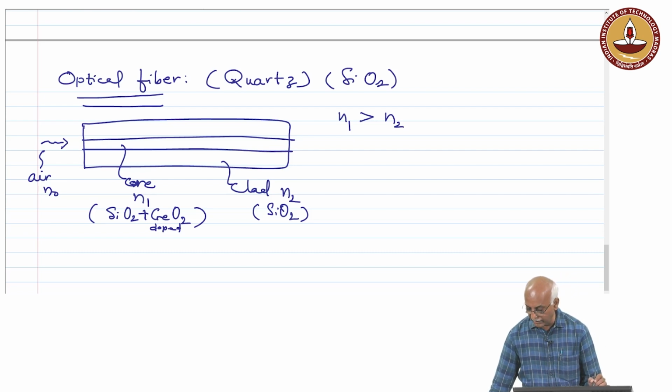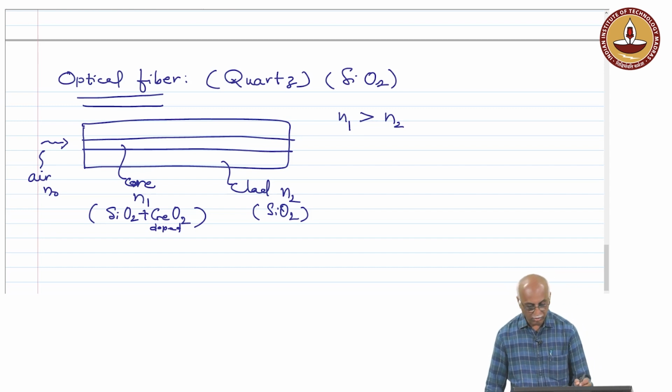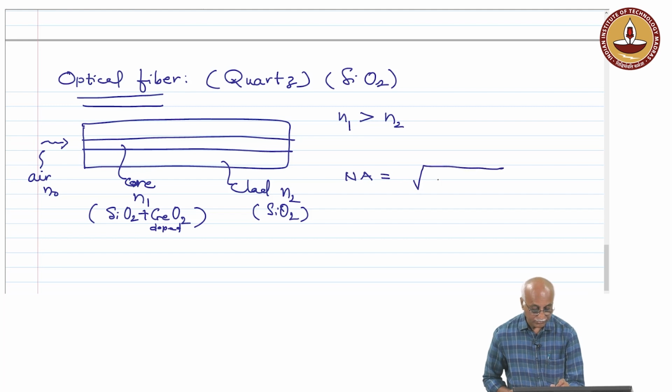We also understood that numerical aperture plays an important role, and we derived it. Numerical aperture is represented by the square root of N1 square minus N2 square, right.